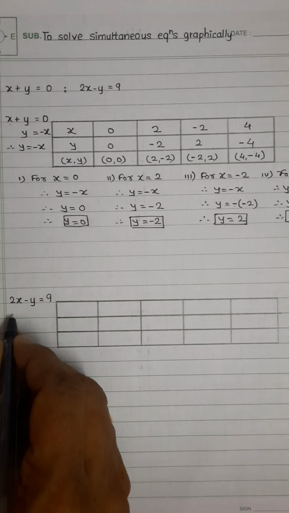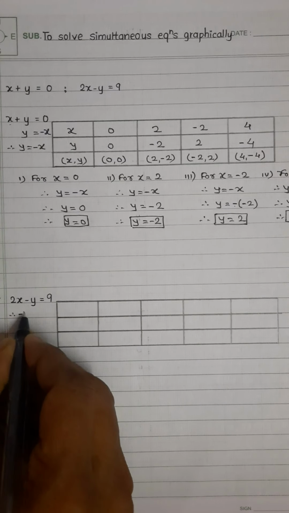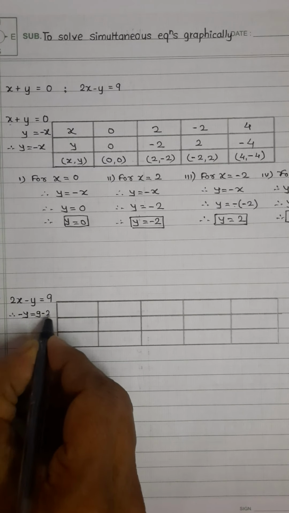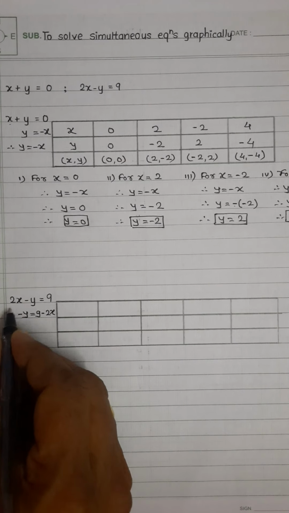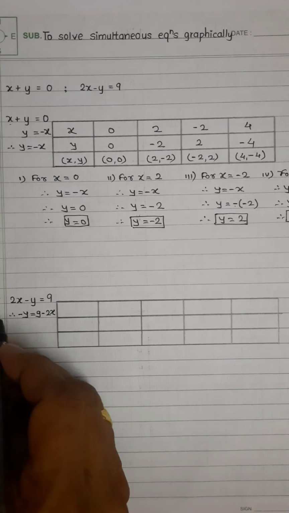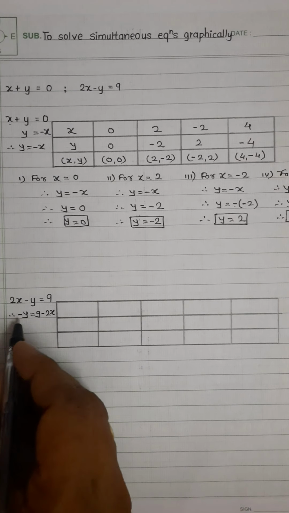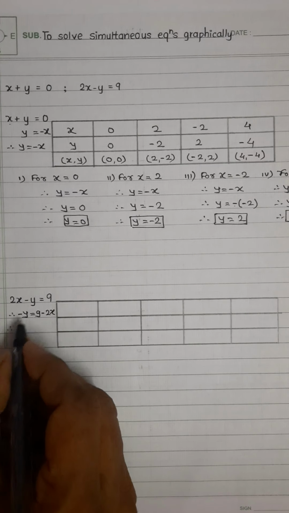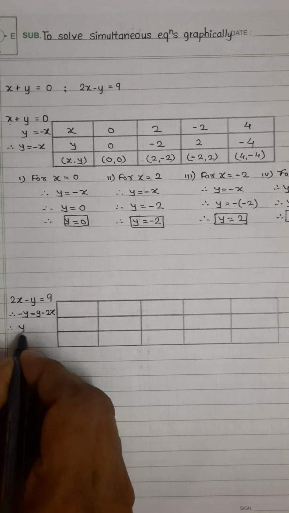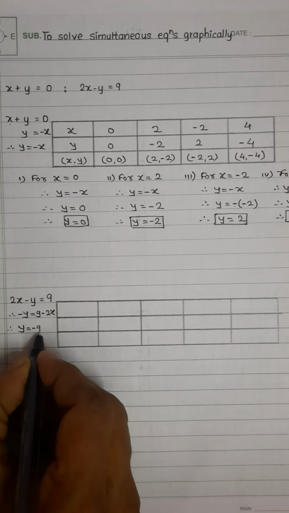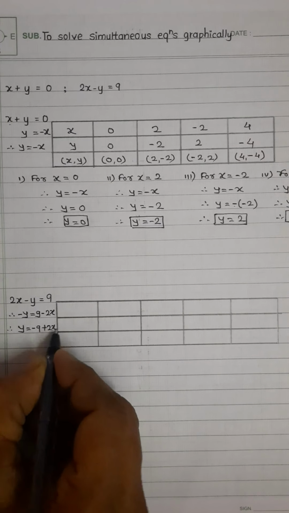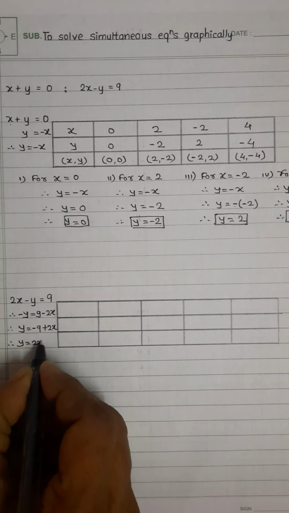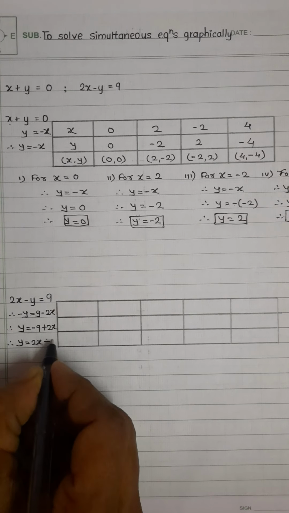Therefore, we write here minus y is equal to 9 minus 2x. We take out this 2x on this side, or we can say that subtract 2x from both the side. Therefore, now multiply by minus 1 on both the side. We get here y is equal to minus 9 plus 2x. Then we convert it like this, y is equal to 2x minus 9.